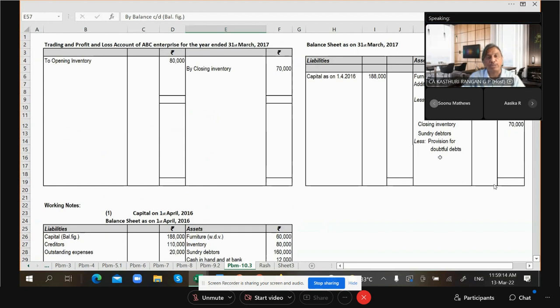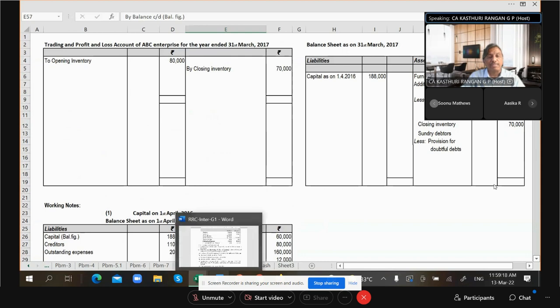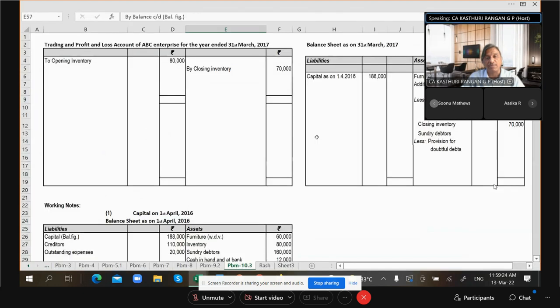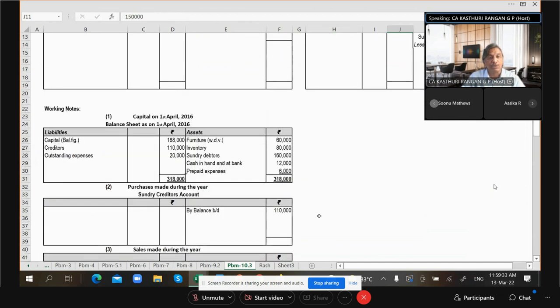Debtor we have to find out and put it here as well as in the balance sheet. Then creditors 150. So put creditors on the liability side, outer column 150. Put that closing balance in the creditors account. To balance carried down 150.